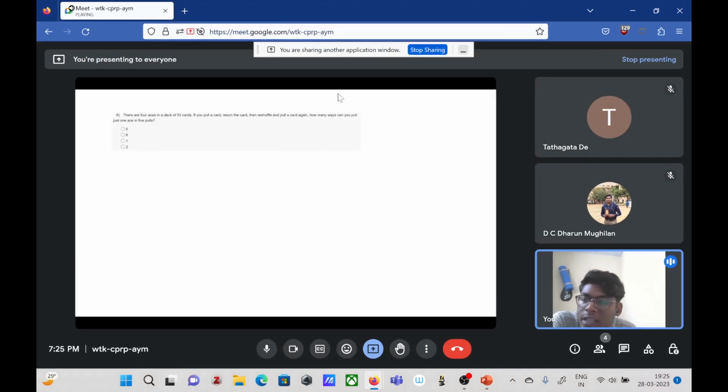The next problem says there are 4 aces in a deck of 52 cards. If you pull a card and return the card, then reshuffle and pull a card again, how many ways can you pull just one ace in the 5 pulls? This you will answer. I will not give the answer.